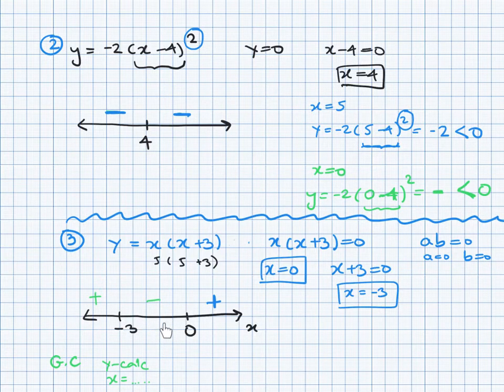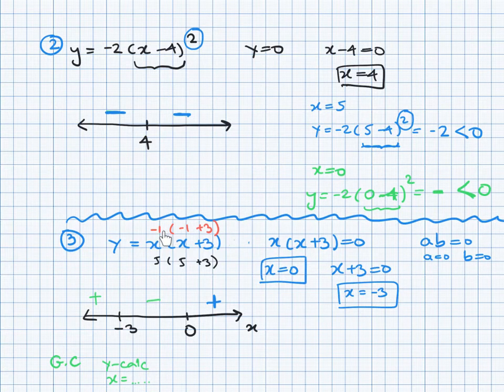So a number like -1. So if I have here -1, and then -1 + 3. -1 + 3 is positive.